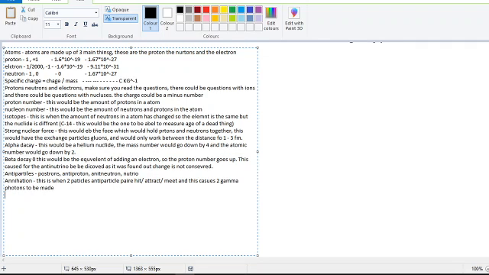The opposite is pair production, and this is when 1 photon would spontaneously convert into a pair, that is a particle and antiparticle pair.